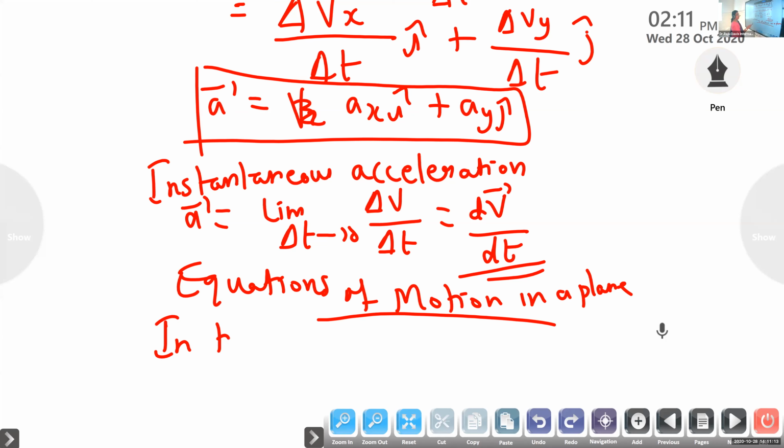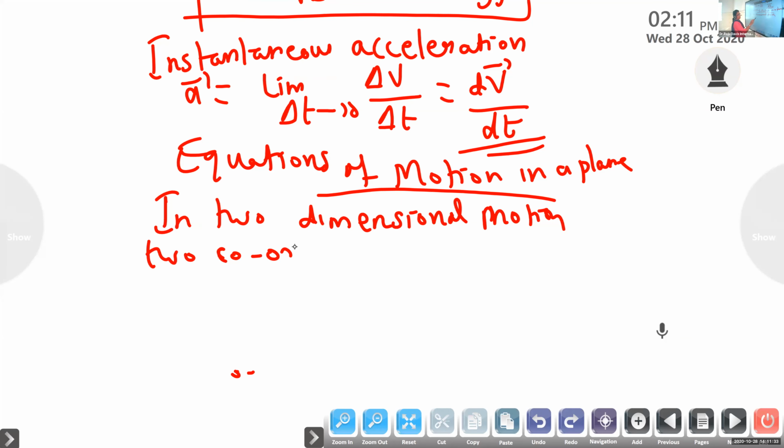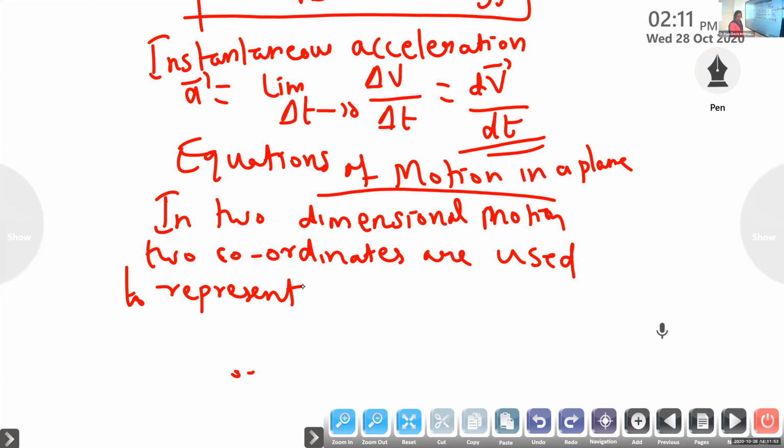In two dimensions, first we write the introduction part, then the equations. In two-dimensional motion, two coordinates are used to represent the position of the particle.